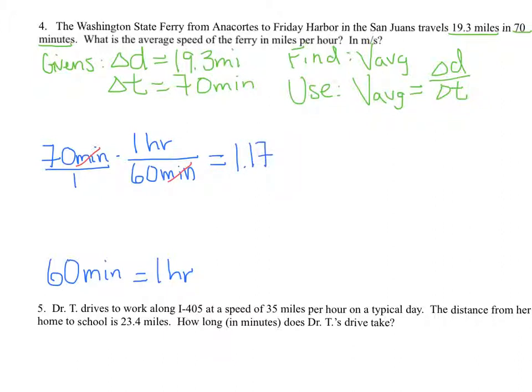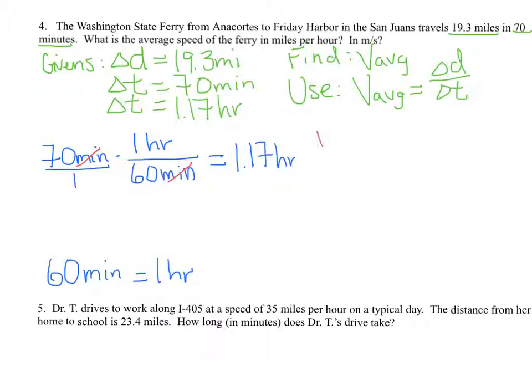And my units here are now hours. So what I can do is actually go back up here in my givens. Now I know that also time is equivalent to 1.17 hours.